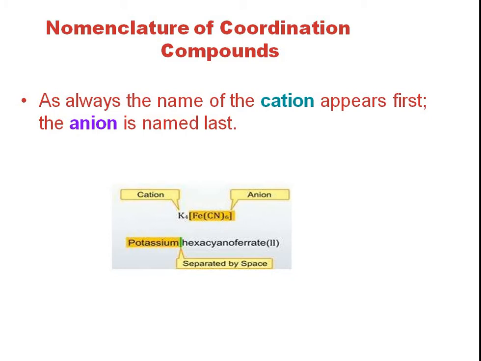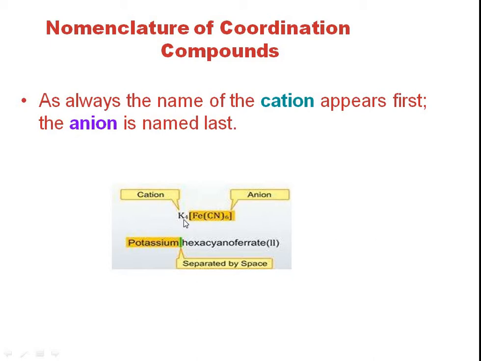How to name a coordination compound? Always the name of the cation appears first and then the anion is named. For example, in this coordination compound, there are two parts.